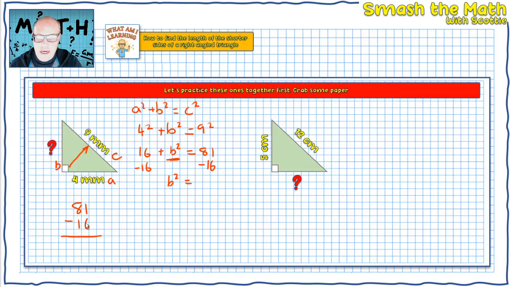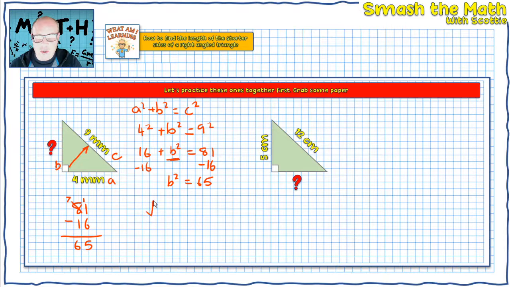1 take away 6 we can't do, so we're going to borrow 10 from here to make it 11. 11 take away 6 is 5. And then 7 take away 1 is 6. Okay, so b squared is 65. Or, remember, thinking about it, that square behind that side is 65 centimetres, or in this case, sorry, millimetres squared. But we don't want to know the size of the square, remember, we just want this side.